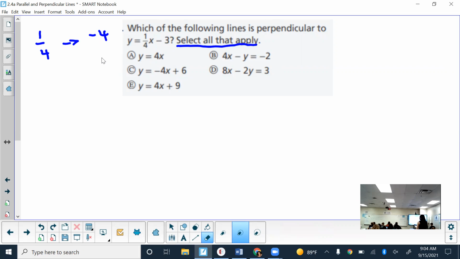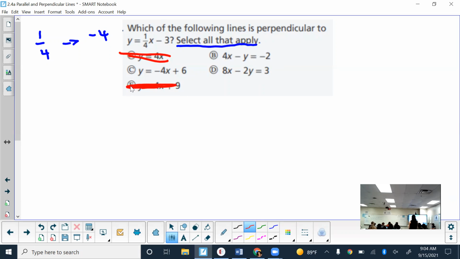Everyone with me so far? So which answers can I eliminate based off of that? Eliminate A. Can I eliminate B right away? Good, it's not in the right form. So let's table those two options.